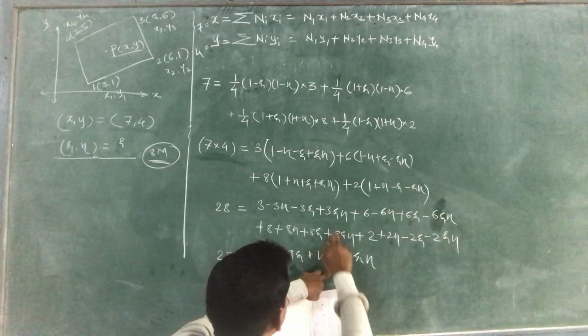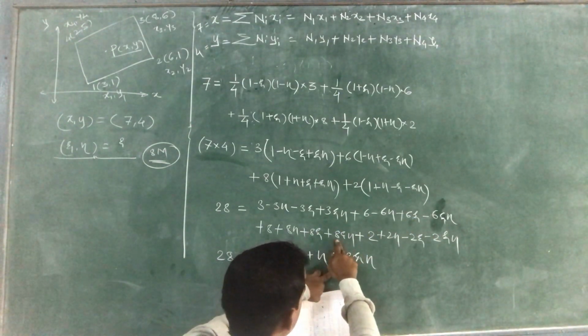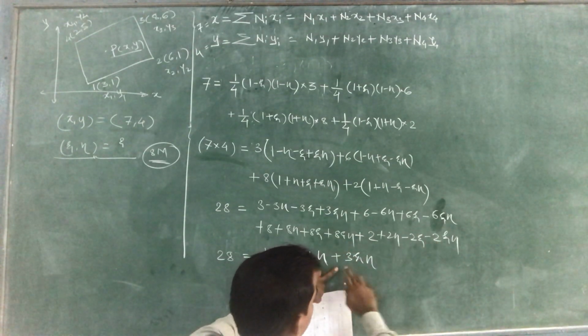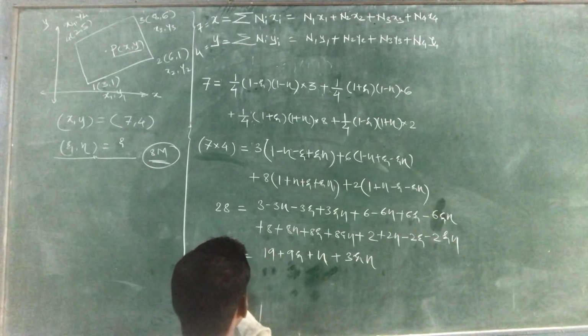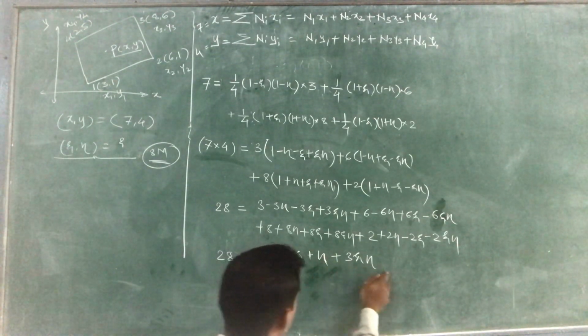And finally zeta eta: 3 minus 6 plus 8 minus 2, which is 3 zeta eta. So finally you will get 28 is equal to 19 plus 9 zeta plus eta plus 3 zeta eta.